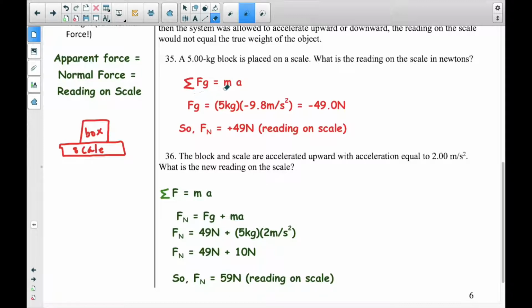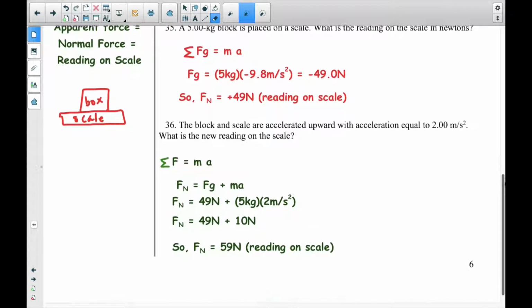The sum of the forces of gravity in this case is mass times acceleration. So the force of gravity is 5 times negative 9.8 meters per second squared, which we multiply out, we get negative 49 newtons. That's the force of gravity. If that's the force of gravity, then the scale is going to read positive 49 newtons. That is the normal force, and the normal force and the reading on the scale are the same thing.